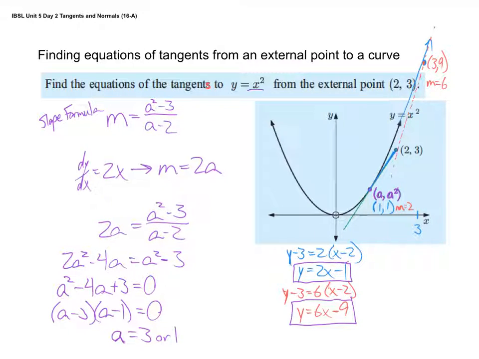And actually, if you think back to your geometry, this makes sense. If you remember in geometry when you talked about circles and you were looking at the tangent from a point outside the circle, there were always two tangents, right? There's one and there's one.